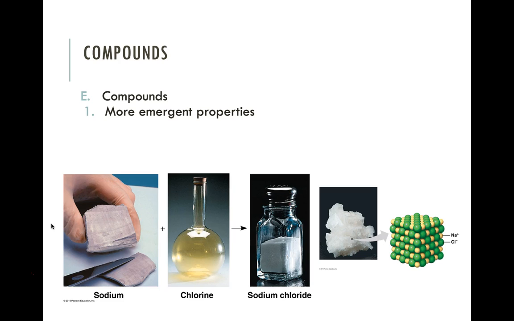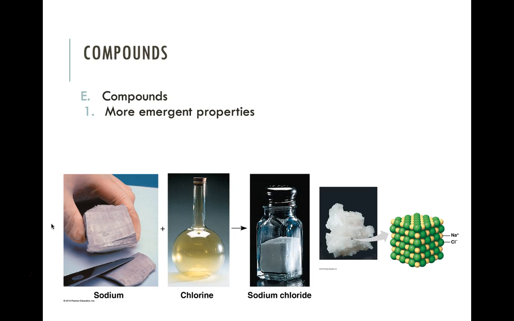But if you look at the individual elements that make up sodium chloride, we have sodium, which is a solid that you don't want to eat, and we have chlorine gas that's poisonous. So we have these two toxic elements, but when they're combined, we get something that we can consume, something that we can ingest.